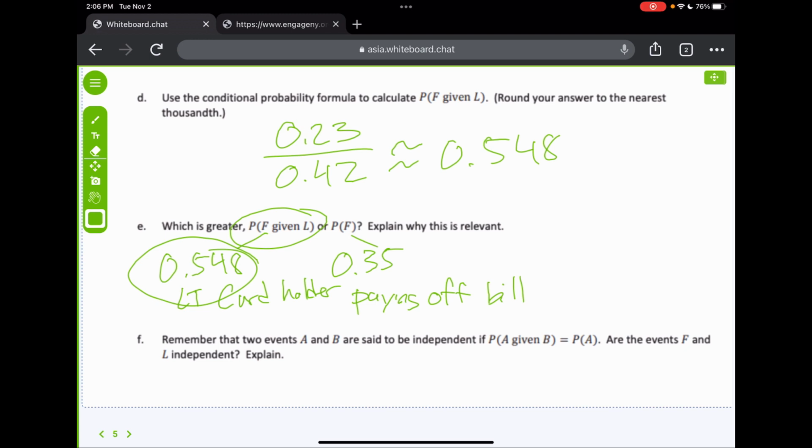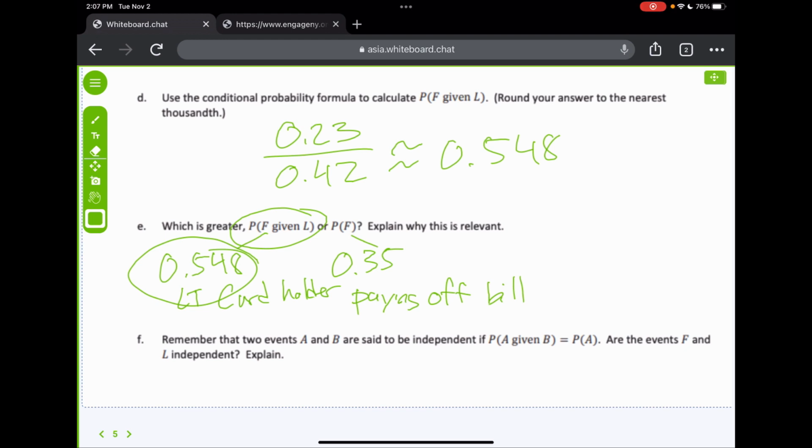Okay. So remember that two events, A and B, are said to be independent if the probability of A given B is equal to the probability of A. Are the events F and L independent? Explain.